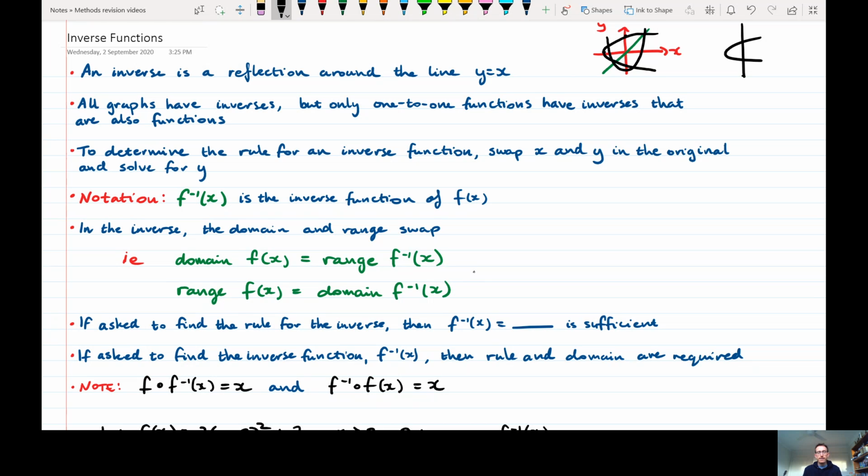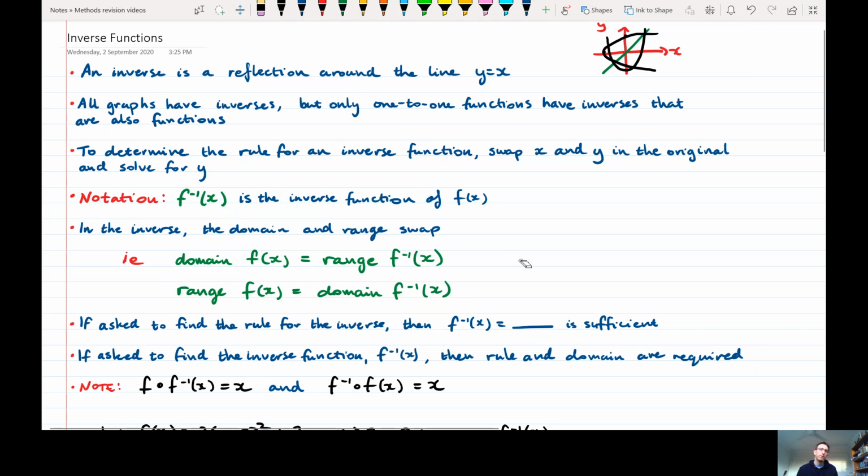So what we find is that only functions that are one-to-one will have inverses that are functions. One-to-one functions end up giving one-to-one inverse functions. Any other case does not give you an inverse function. So if you have a many-to-one function, like a parabola, you will not get an inverse function. You'll have a relation, but not a function.